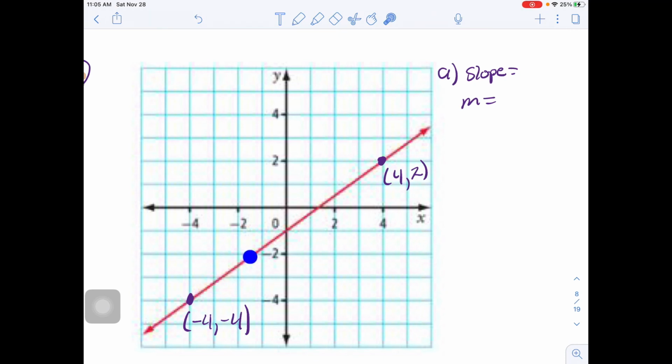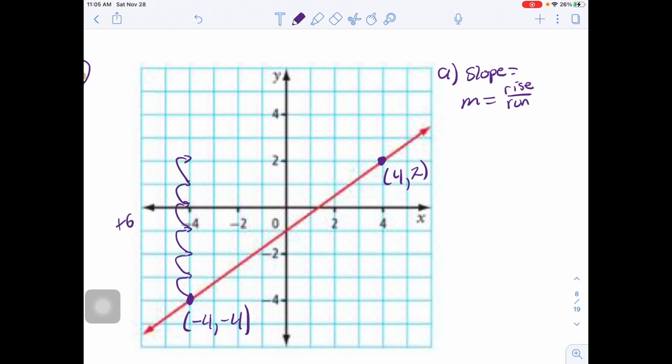So it looks like each tick is in fact 1. So remember, slope is rise over run. And in this case, we're going up. So let's figure out our rise. That's 1, 2, 3, 4, 5, 6.